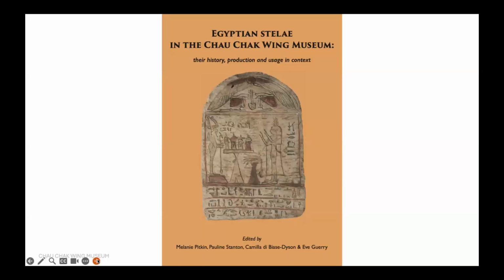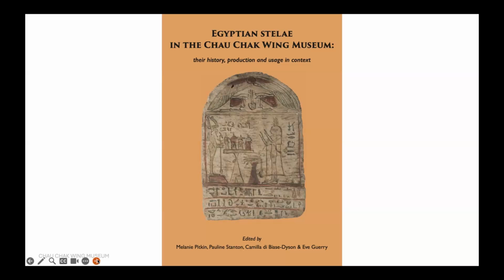The book includes a complete catalogue of the museum's collection of 20 stelae, in addition to chapters covering the non-invasive characterisation of stelae as an aid to provenance, so that deals with the XRF and qualitative colour analysis by Trevor and Damien. Jeff Killen, Martin and Yuri have written a chapter on tool identification, manufacture and their usage in the production of Egyptian stelae and other stone objects.